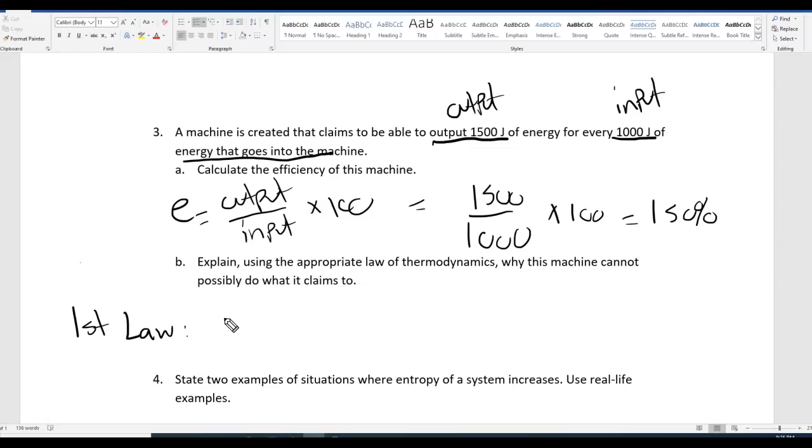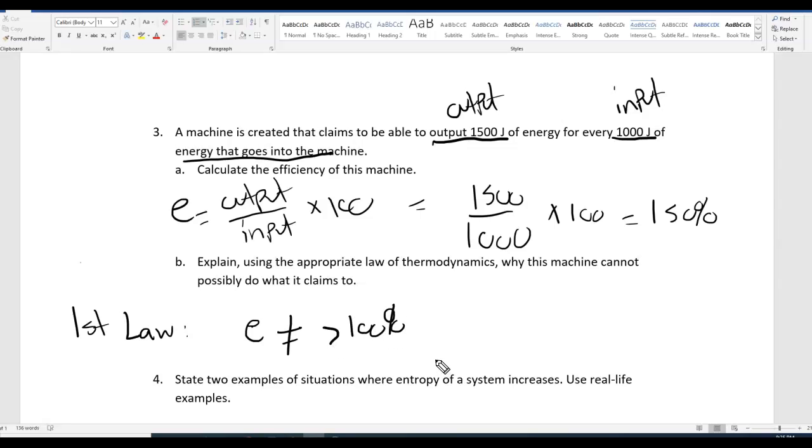Okay, well, that's not possible. That violates conservation of energy. And so that violates the first law of thermodynamics. So this is obviously like a scam machine. This guy's trying to scam you, whoever's trying to sell you this machine. So basically, according to the first law, the efficiency cannot be greater than 100%.